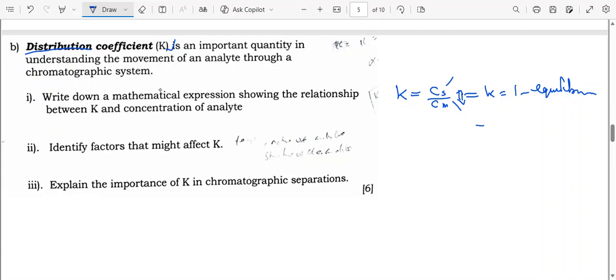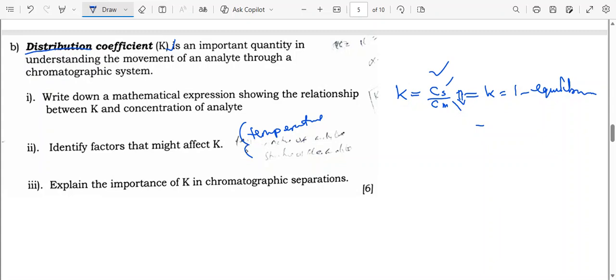Okay. Write down the expression showing the relationship between K and concentration. So we have written this. Now identify factors affecting this. We can talk of temperature, which is one of the causes for every aspect. The other one is the nature of the stationary phase, or the composition of the stationary phase.